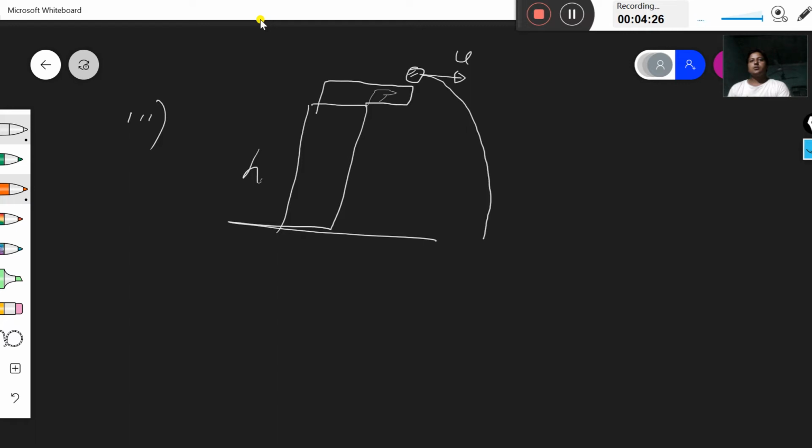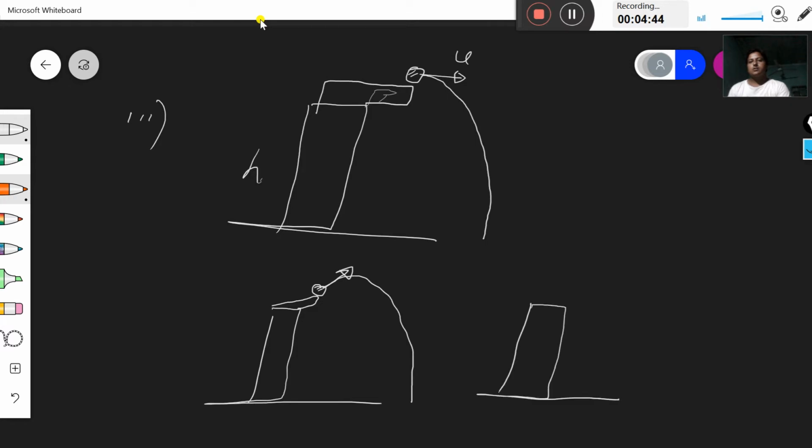Or we can project from the same tower at an angle, so body comes like this. Or from the same tower, we can project like body this, and body goes like this.